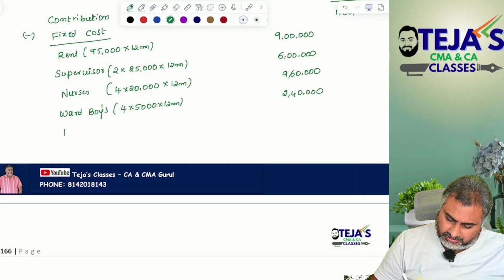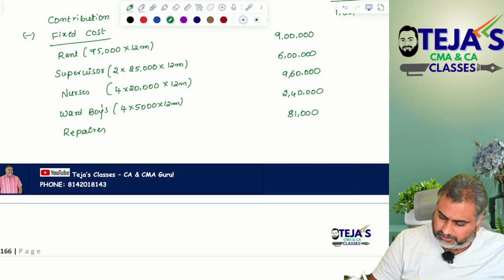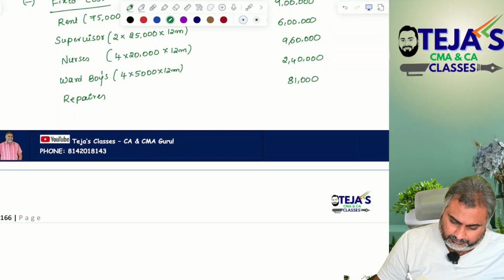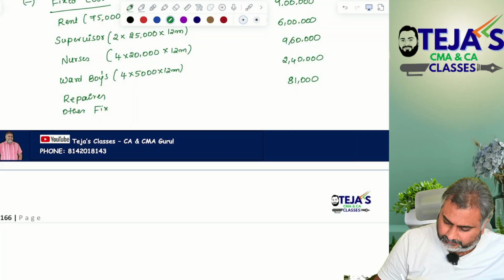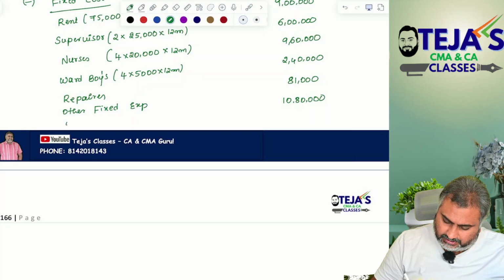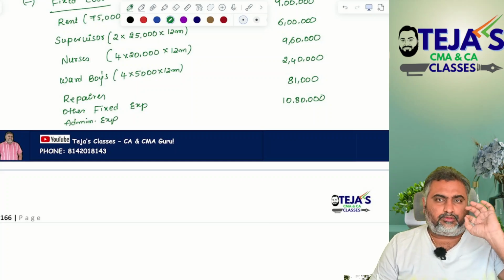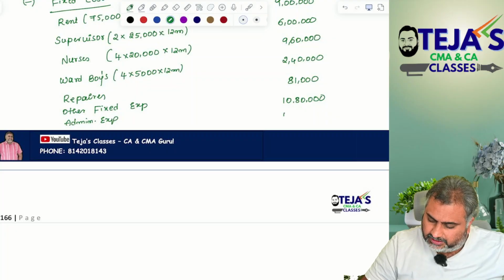And they said repairs fixed, how much? 81,000. And other fixed expenses, how much is given? 10,80,000. And administration expenses are already allocated. Allocated means fixed. So that is 10 lakhs.